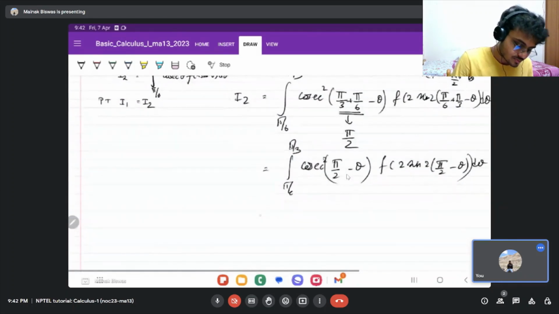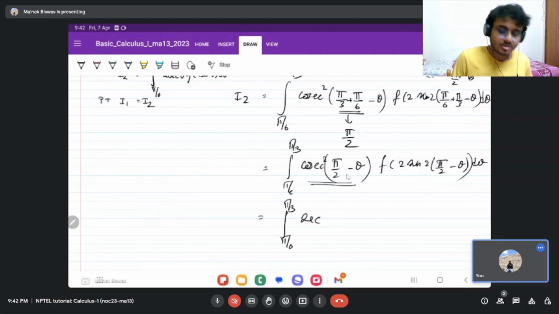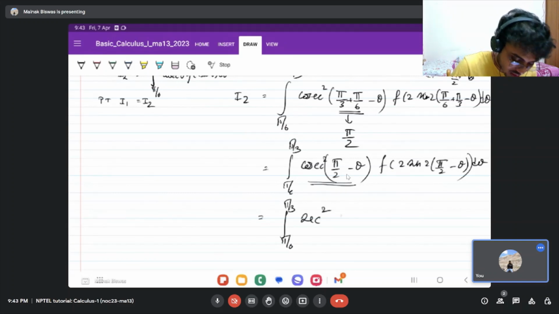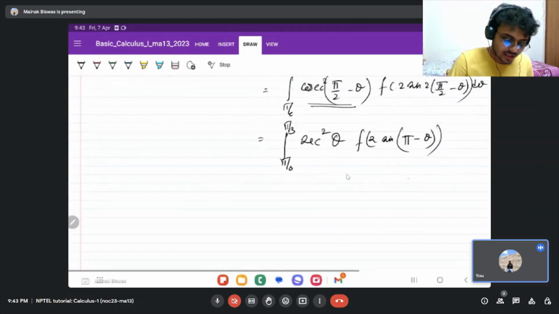Cosec of pi by 2 minus theta is sec theta, because it's the inverse of sine; sine of pi by 2 minus theta is cos theta, so cosec of pi by 2 minus theta is sec theta. So you have f of 2 sine of (pi minus theta). So what is sine of pi minus theta?